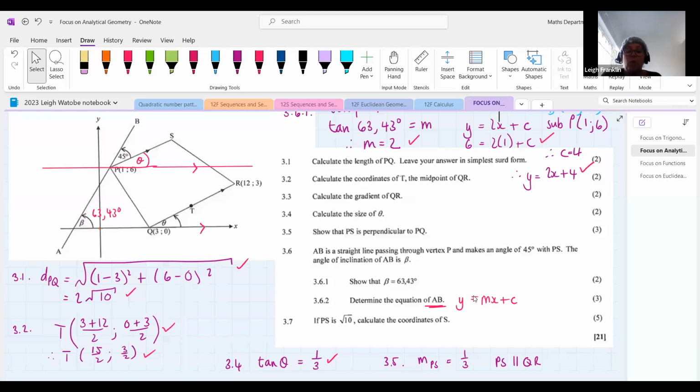They want us to calculate the coordinates of S. So that means they want the X coordinate and they want the Y coordinate. Because they want us to calculate 2 different variables, what method do we have to use here in 3.7? What method? Because they want us to calculate an X and a Y.